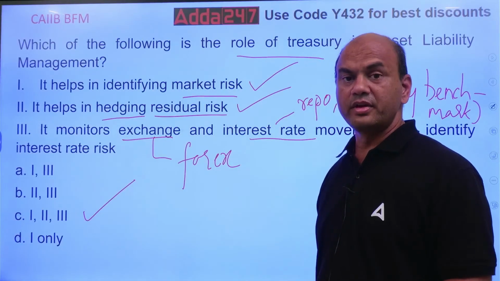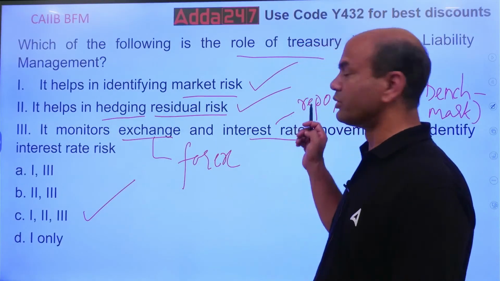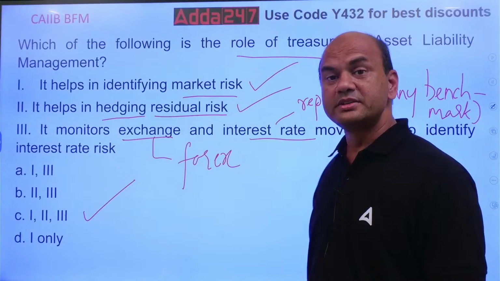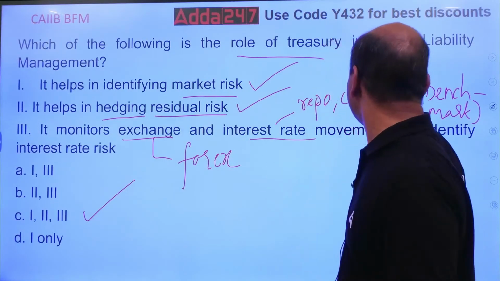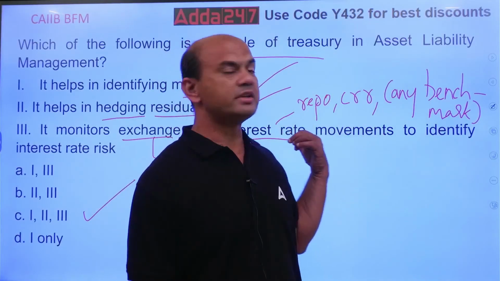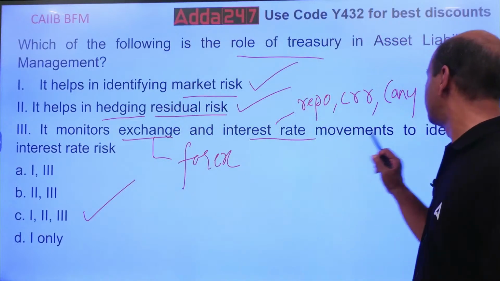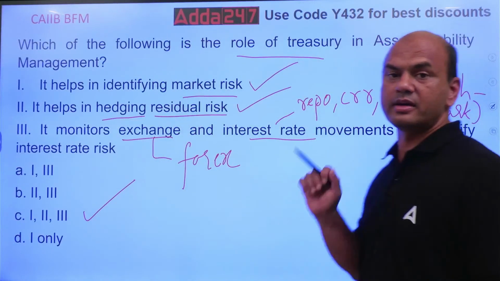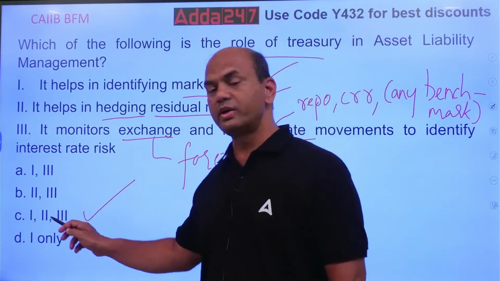If you are dealing with local currencies, it is repo, and most important, CRR for the banks. So interest rate movements to identify the interest rate risk. So the answer is 1, 2 and 3.